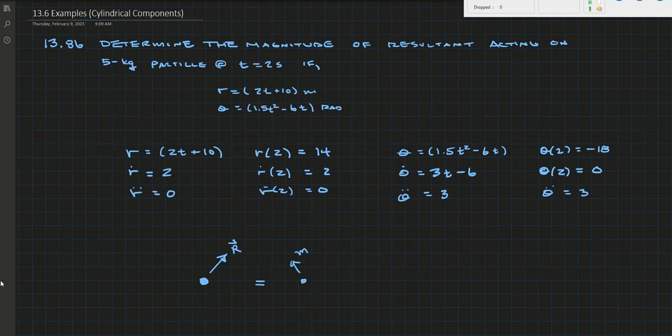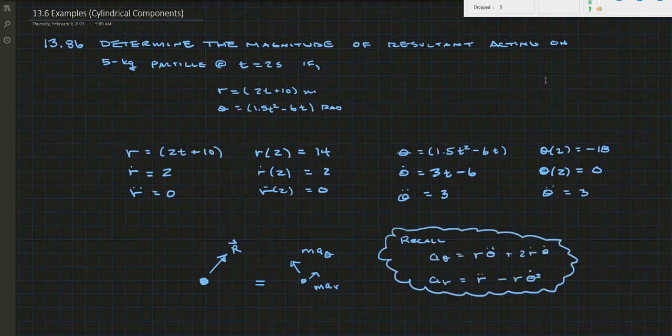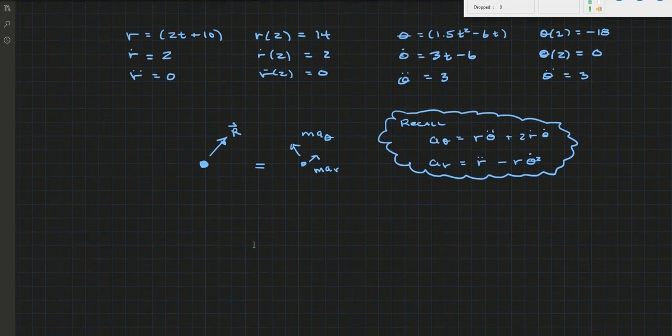So this is an a theta, and then some mass times acceleration in the r direction. And recall, we have these relationships for the acceleration in the theta and r direction.